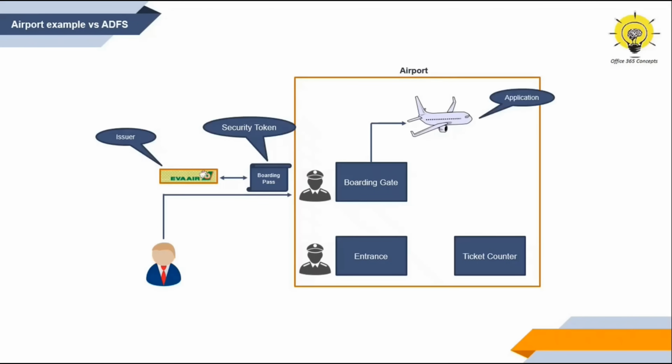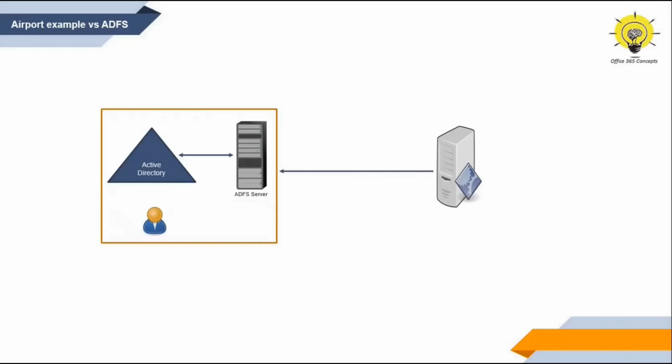The plane doesn't care what sort of ID proof you show to the boarding gate agent, whether your driving license or your passport. As long as you have a valid boarding pass, you can board the plane. In the same way, when an application connects to the ADFS server, the application doesn't care if the user was authenticated using NTLM or Kerberos. The application doesn't care what sort of credentials the user presented for authentication, or what authentication method was used.